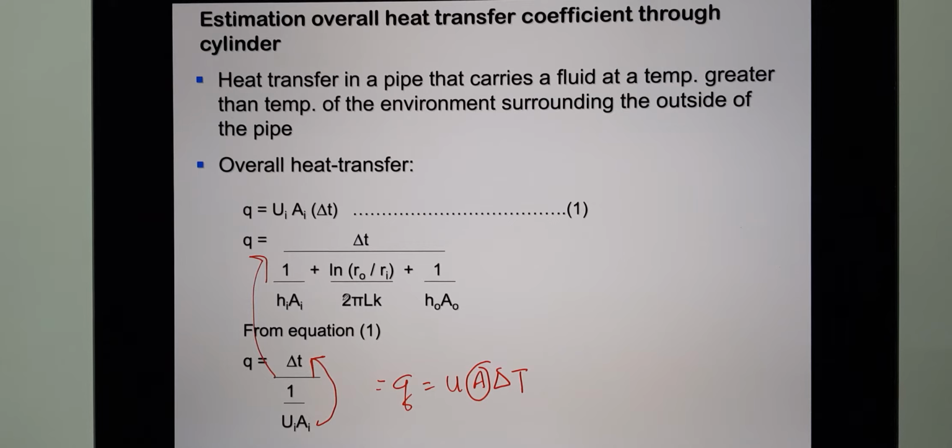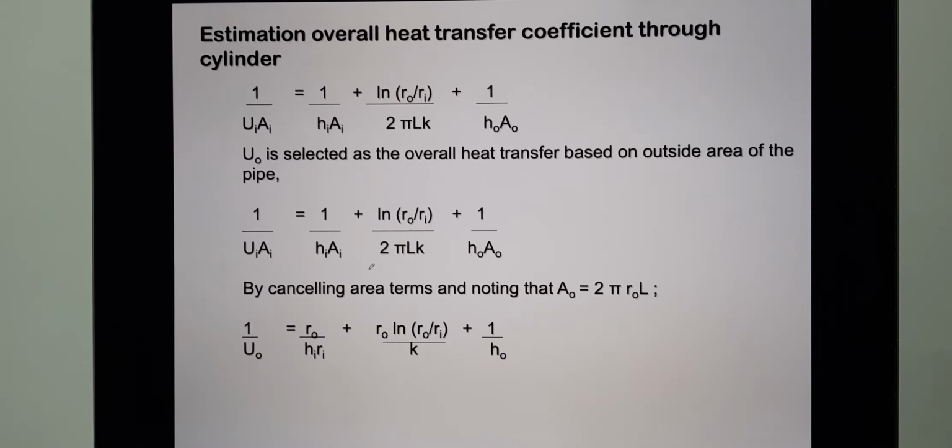Because we have the diameter of the cylinder, so you need to calculate the radius. Ho is the outer heat transfer coefficient, Ao is the area for the outer part of the tubing of the cylinder. So let's simplify this equation. In the next slide, we rearrange the equation, just pulling out the 1 per UiAi.